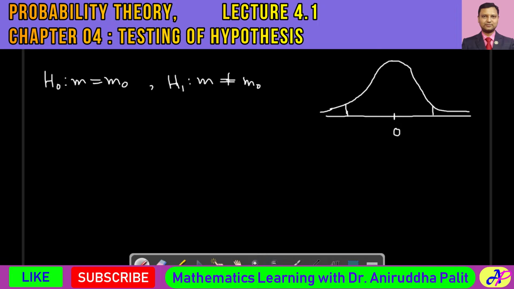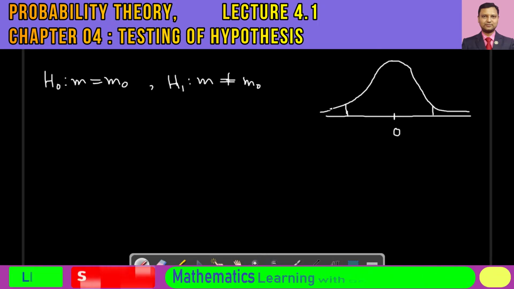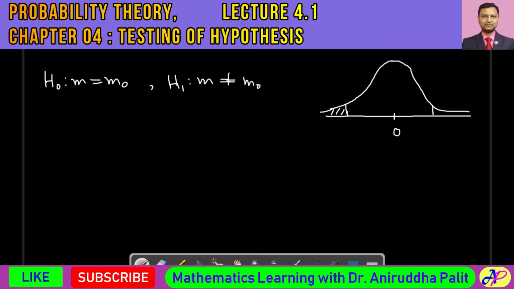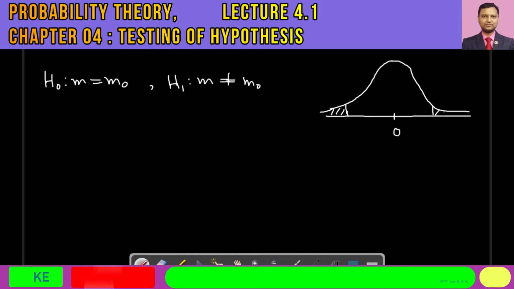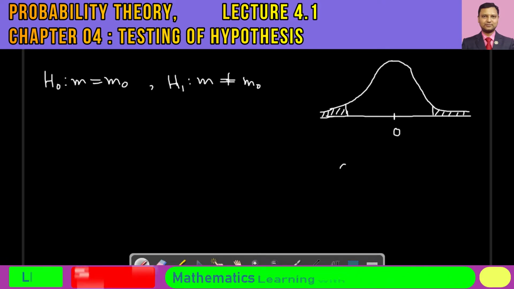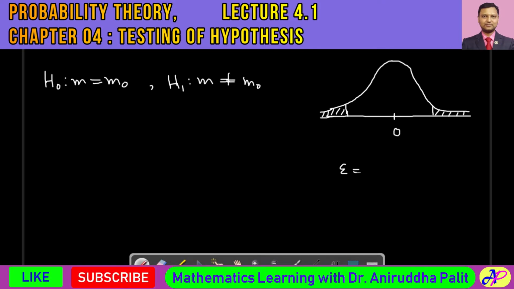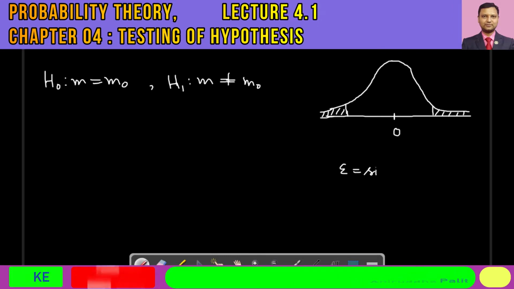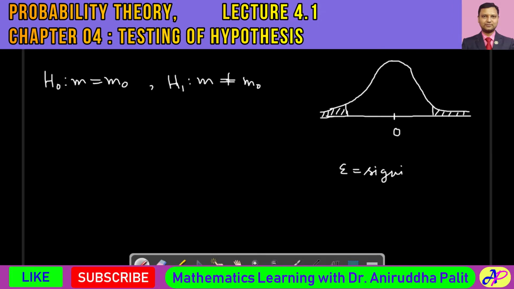Anyway, we shall have to identify this much area, and this much area will represent the level of significance, or the maximum tolerable value of type 1 error. We generally represent this total area by epsilon. Significance level, we call it significance level.